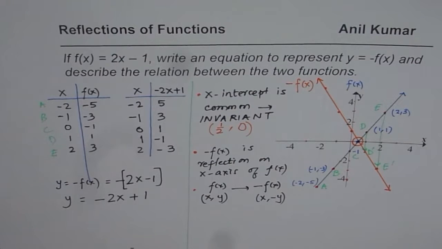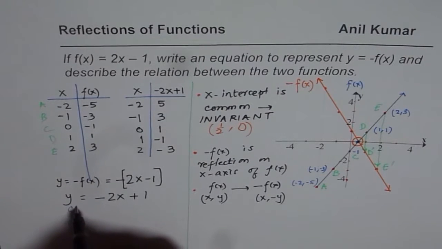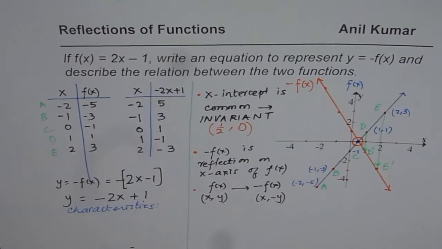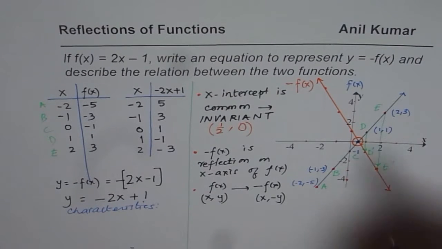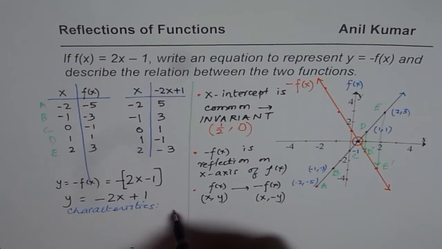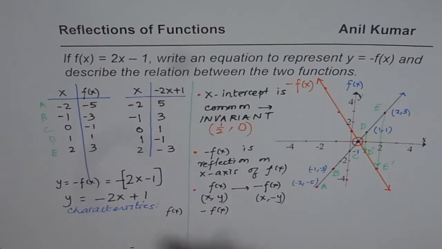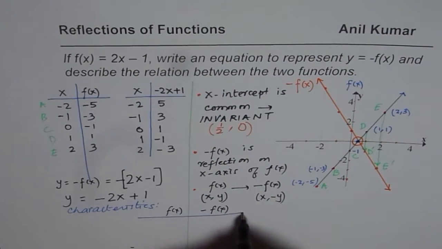Now let's talk about the characteristics, right? So let's talk about a few characteristics. Amongst the important characteristics, we observe that the earlier graph was increasing, right? So if we write down, let us say, f of x and minus of f of x, and then list a few characteristics, then what do we see?